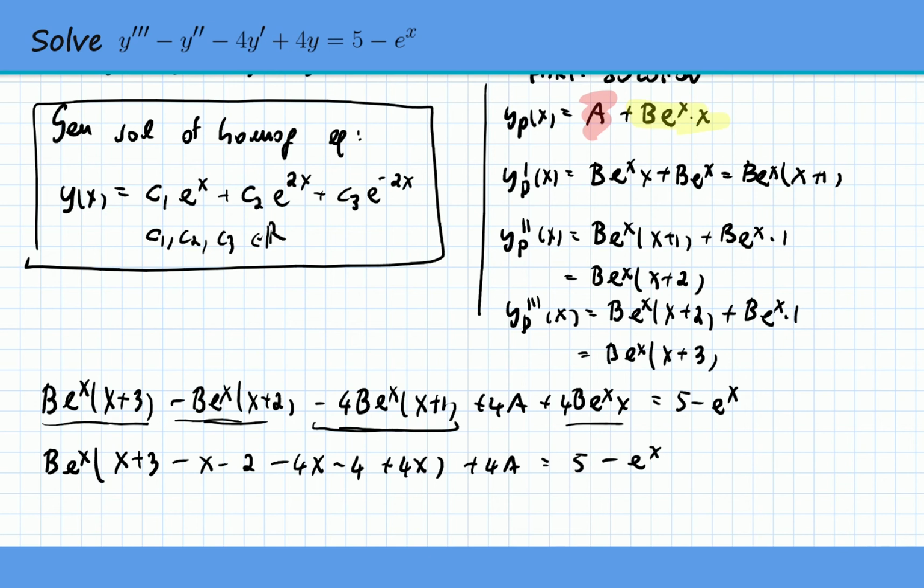So if we did it right, these terms with x here should disappear because I only have e to the x here. But indeed this is true. x and minus x cancel, minus 4x and plus 4x cancel, and I am left with 3 minus 2, which is 1, minus 4, which is minus 3. So minus 3b e to the x plus 4a equals 5 minus e to the x.